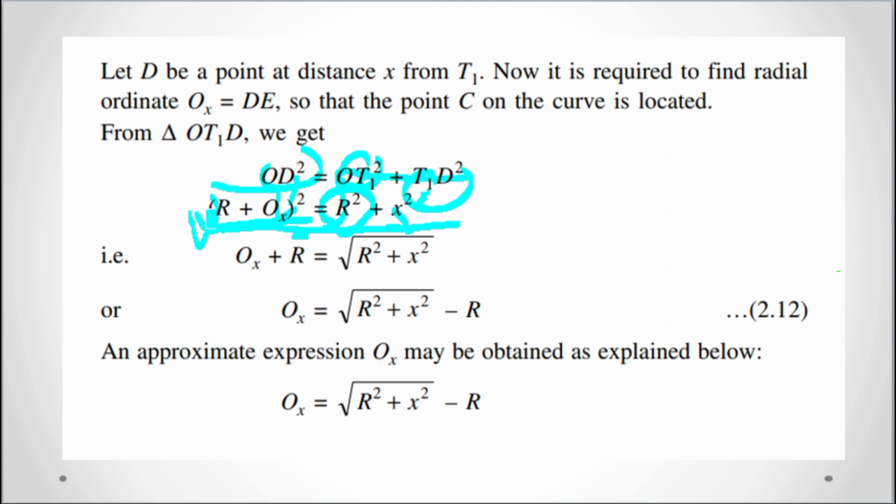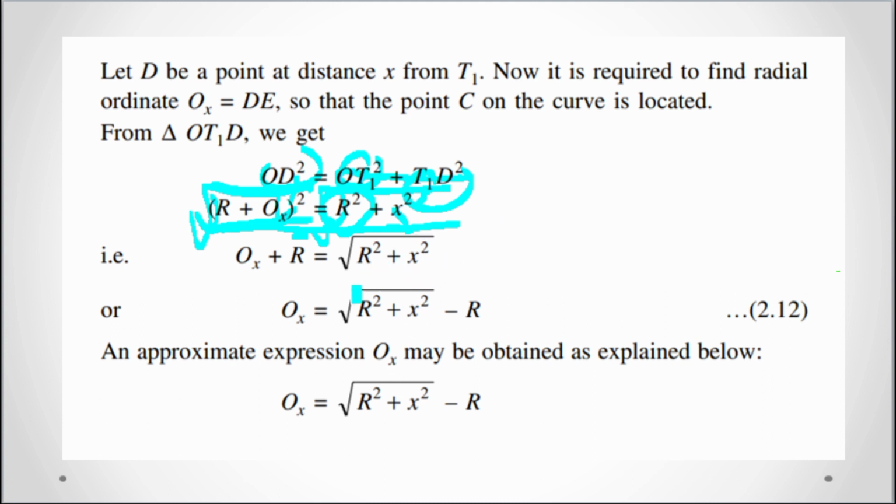By squaring, having a square root here will remove the square. Then here we have the square root again. So our final answer becomes: offset x plus r is equal to the square root of r squared plus x squared.